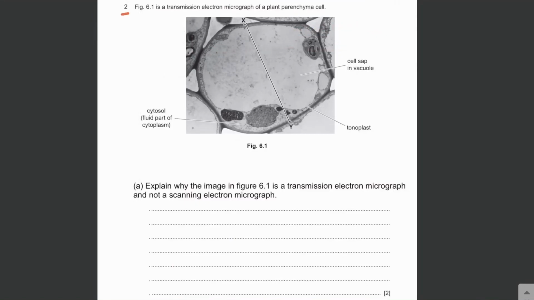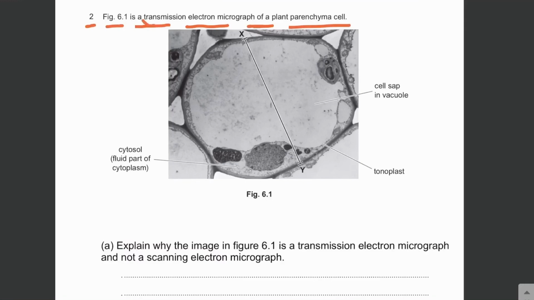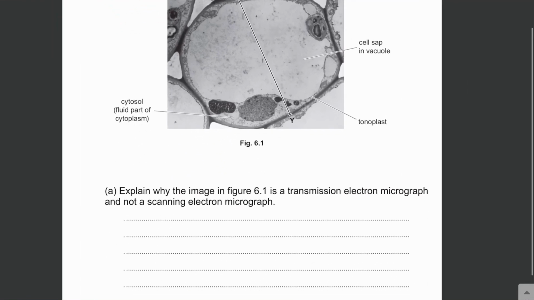Question number 2. Figure 6.1 is a transmission electron micrograph of a plant parenchyma cell. Okay. So this is a transmission electron micrograph, which means that this is an image taken from the transmission electron microscope. Part A. Explain why the image in figure 6.1 is a transmission electron micrograph and not a scanning electron micrograph.